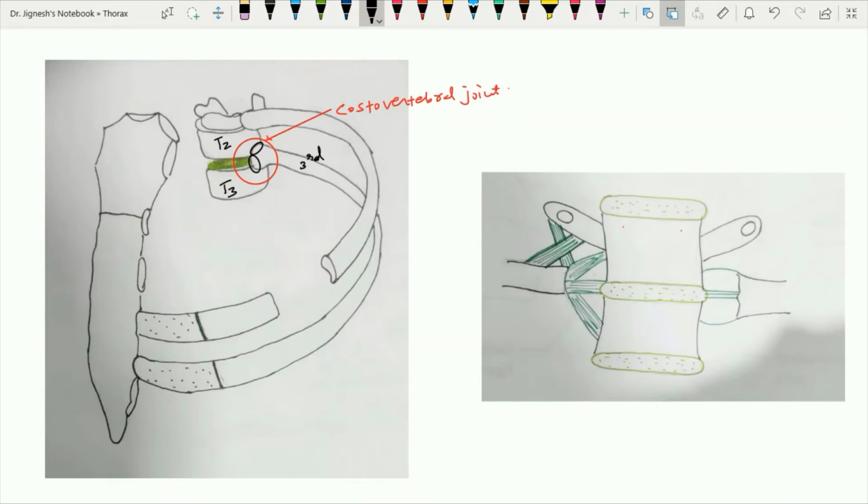In between the two articular facets there is one crest, and this crest gives the attachment of the interarticular disc of the costovertebral joint.